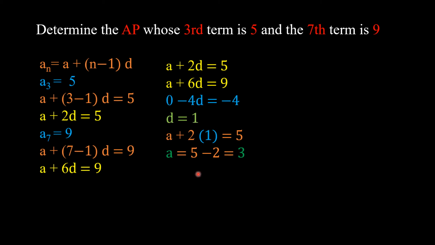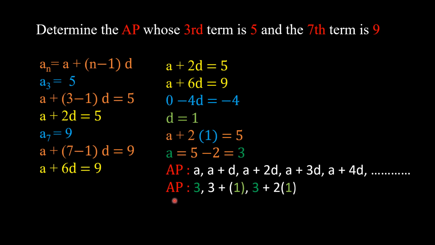Now the most general form of AP is A, A plus D, A plus 2D, A plus 3D, and so forth. Now we will substitute the values of A and D in this general form and get the AP that we want.